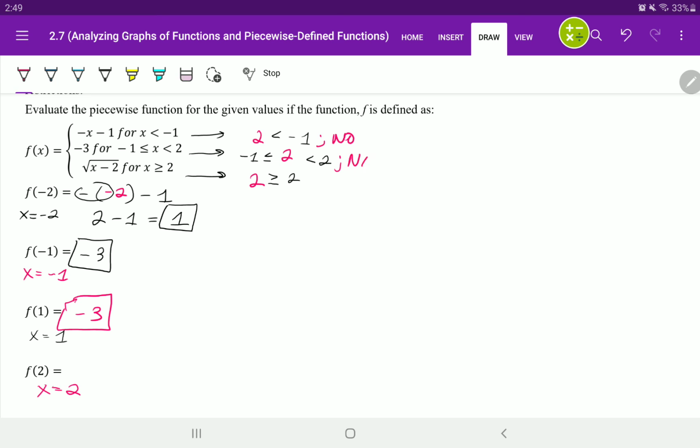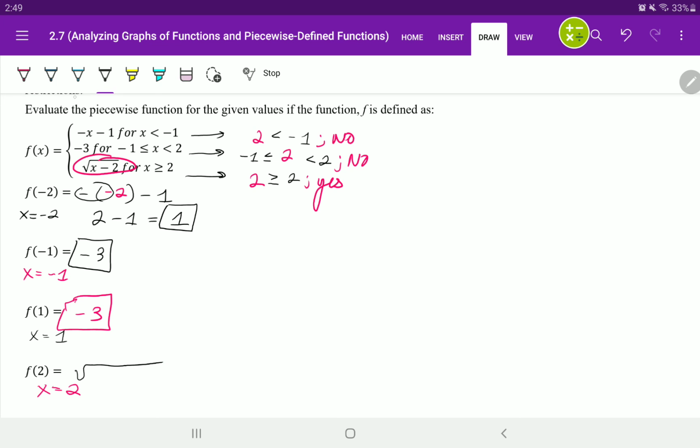No, not in this case, because 2 cannot be less than 2. But can 2 be greater than or equal to 2? Yes. Although 2 cannot be greater than 2, 2 is equal to 2. Therefore, I'll be using this bottom equation, which will equal the square root of 2 minus 2, because x is 2.